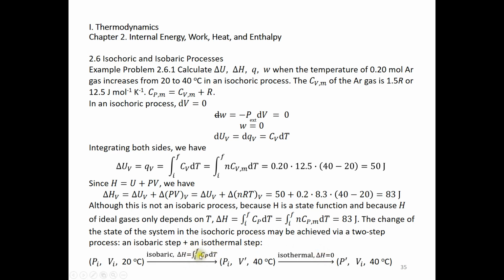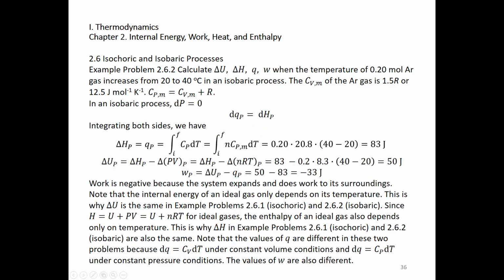The result is just the integral of Cp dT. That's why we can just use this equation. Delta H is the integral of Cp dT directly, even though it's not an isobaric process. Again, my argument is simple. It's not isobaric, but I can break down this isochoric process into two steps. One step is isobaric, so I can use this equation. In the other step, delta H is 0 anyways.